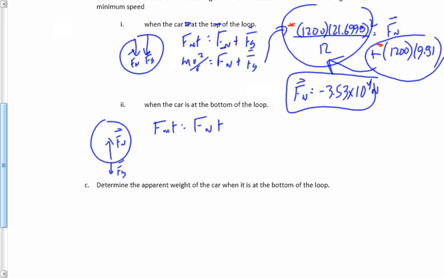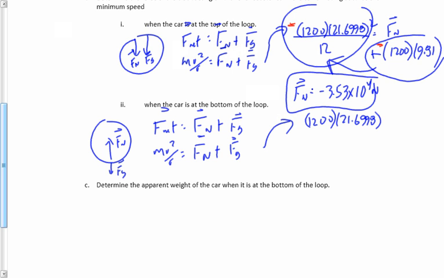Fn plus Fg, and then we're going to say mv squared over r is equal to Fn plus Fg. Let's see here. Once again, we got 1200 times 21.6998 squared over 12, plus the force of gravity.